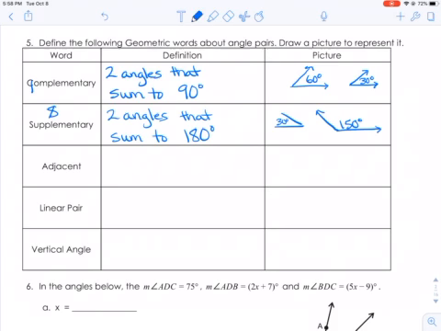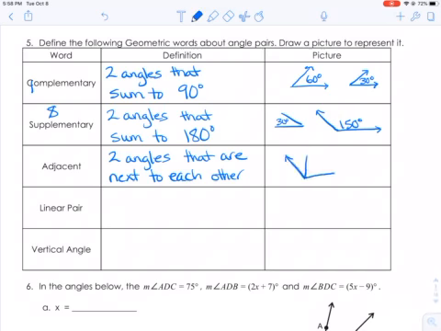Okay, adjacent angles are just two angles that are right next to each other. So translation, they usually share a side, okay, that's how we really define them.